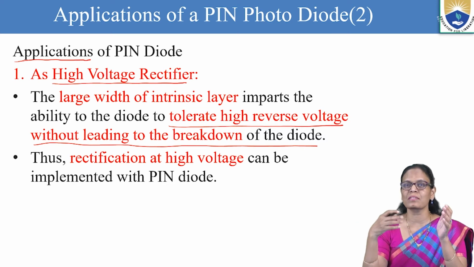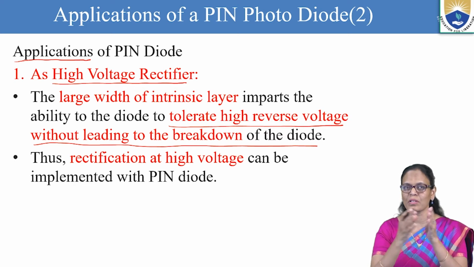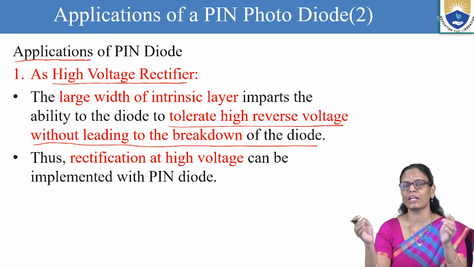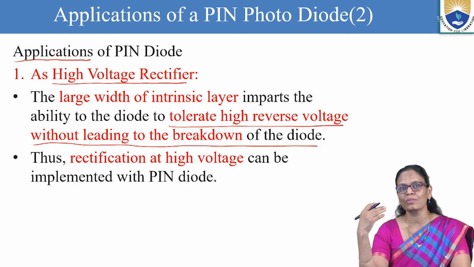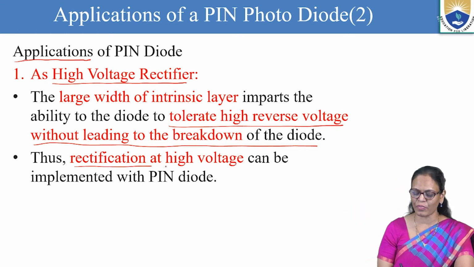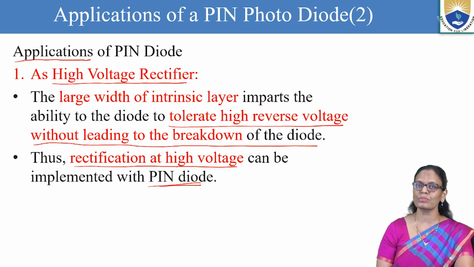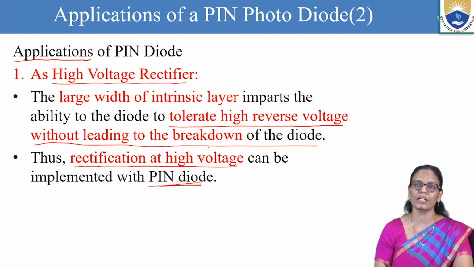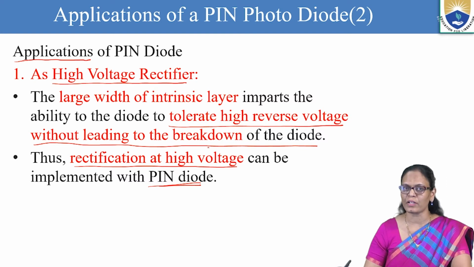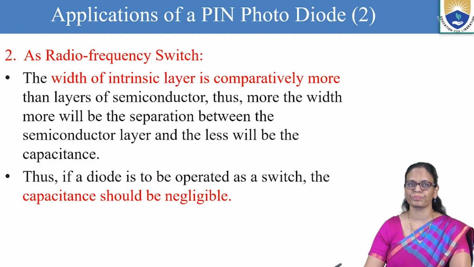As you increase the voltage, breakdown does not occur so easily because of the large width of the intrinsic layer. So you can go to a very high reverse voltage, and thus rectification at high voltage can be implemented with the help of the PIN diode, without breaking down.